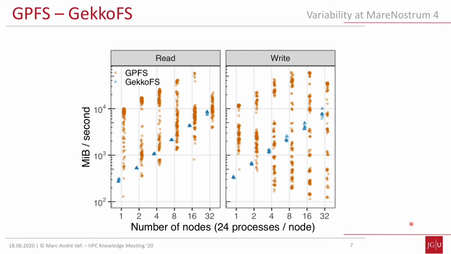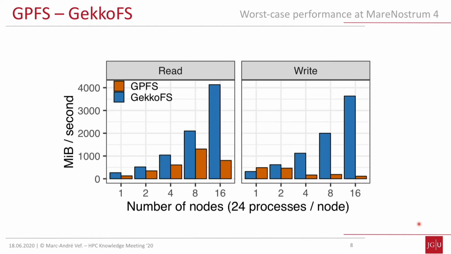If this plot is mapped to the worst case performance, you would see even more clearly that the more nodes are used to write, for example, the worst case performance that you can experience on the parallel file system actually goes down, while GekkoFS is scaling up the more nodes you are using. Eventually, the more nodes you use, you might even be faster than the parallel file system, depending on the environment that you are in.